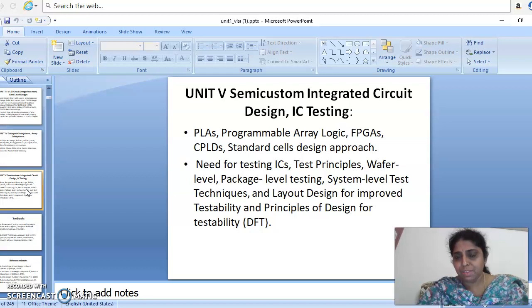Otherwise the cost becomes more. So different test techniques will be discussed in unit 5, and design for testability, different layout designs, improved testability designs, issues, stuck-at faults, all those will be discussed in unit 5.